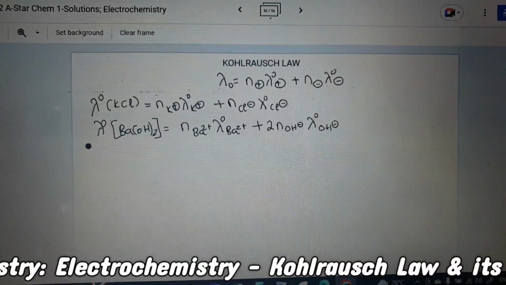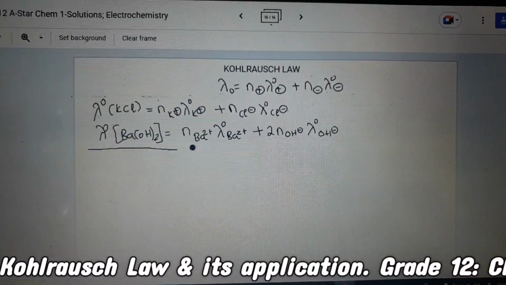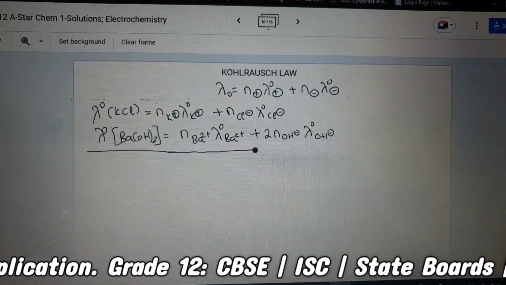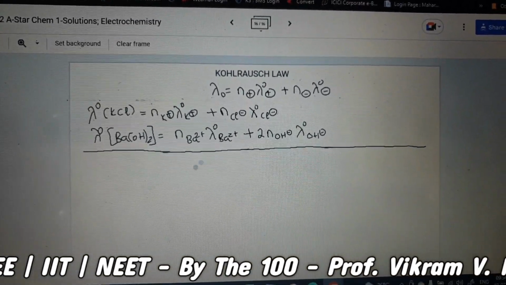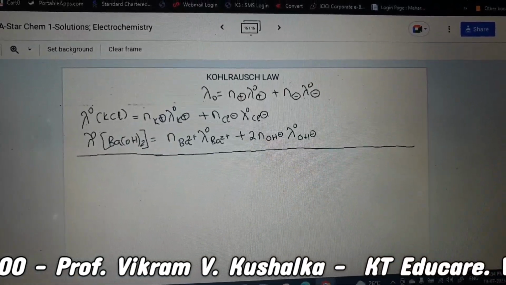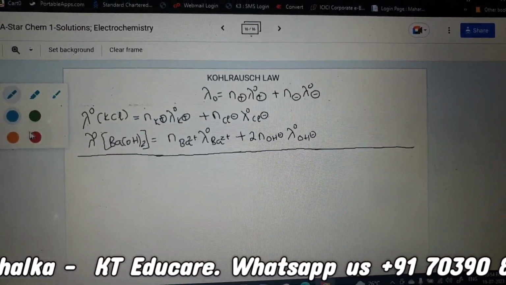Now let us say example that I was actually considering to find out how to use the molar conductivities of strong electrolyte in order to find out the molar conductivity of weak electrolyte.